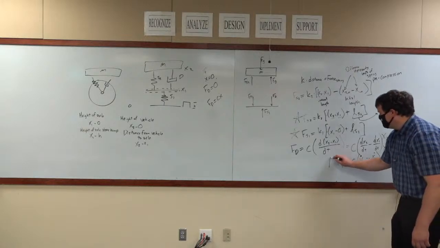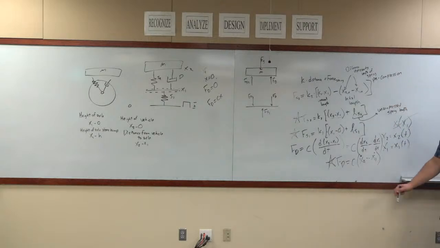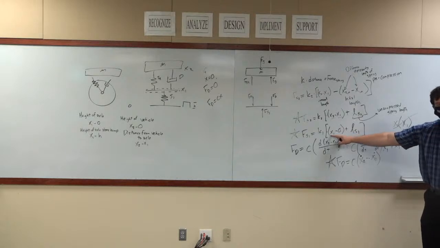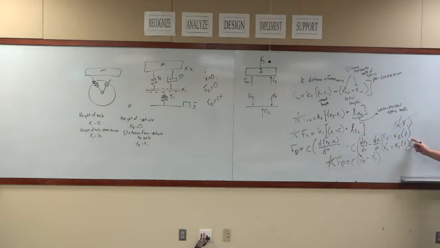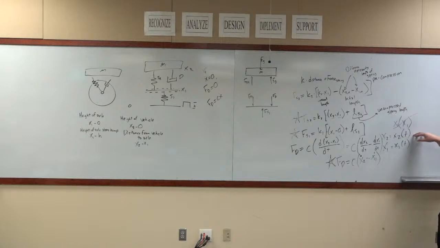So now these are our three force equations. We've written them in terms of the force being a function of the displacement. The displacement is a function of time. It has to be, or else we can't take the derivative with time. So force is a function of displacement, displacement is a function of time.